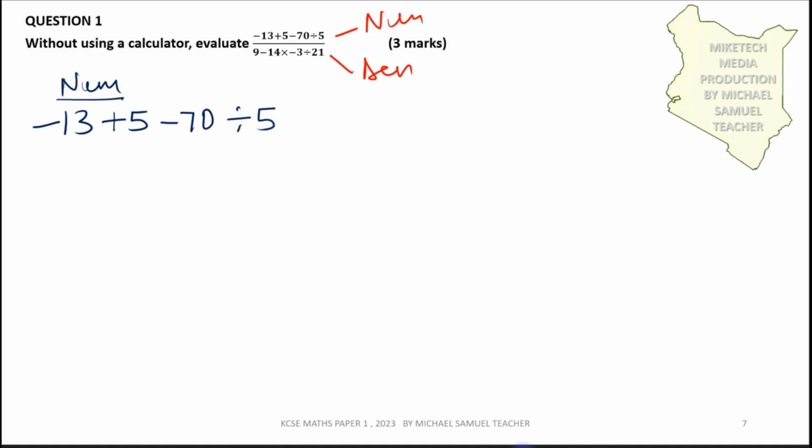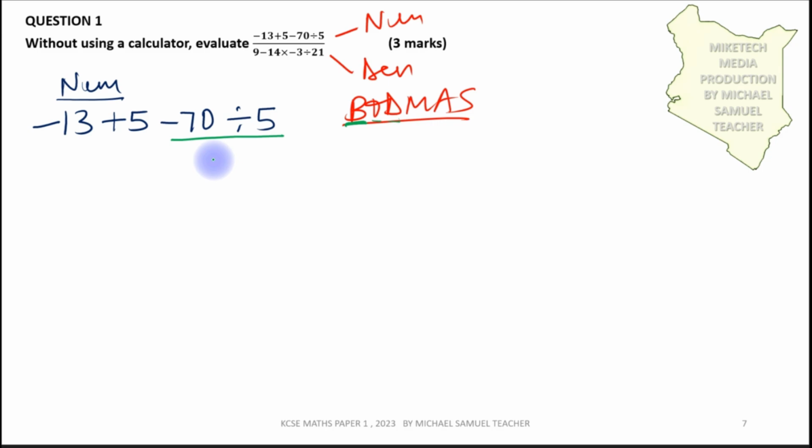In our case we are going to use BODMAS, which is so important, which means brackets, of, division, multiplication, addition, subtraction. In this case there is no bracket, there is no of, there is division. So we are going to divide.